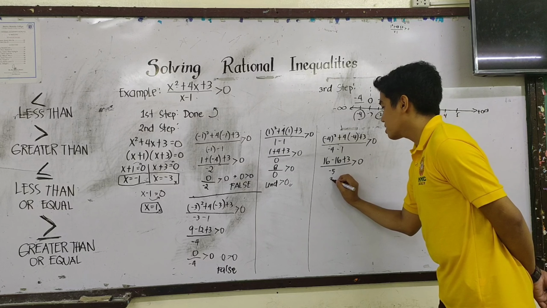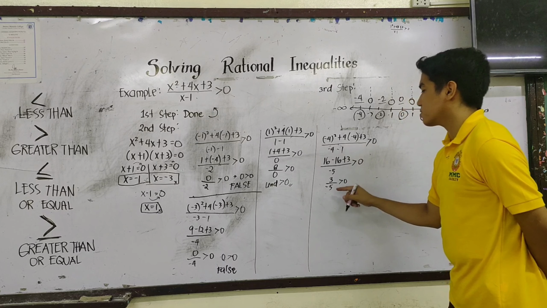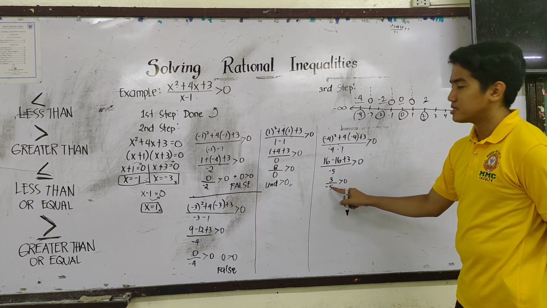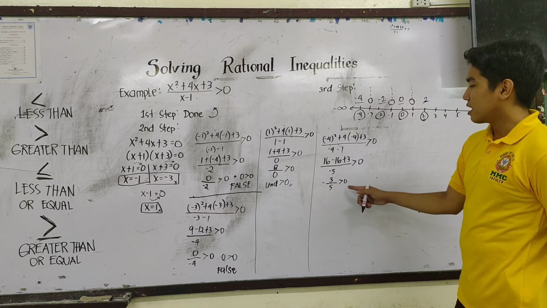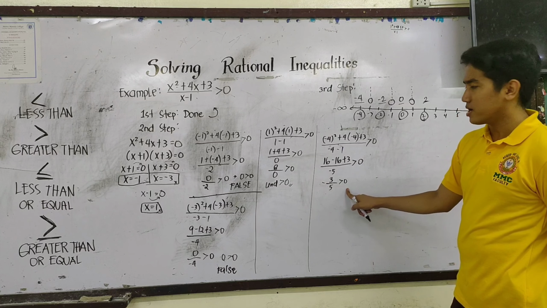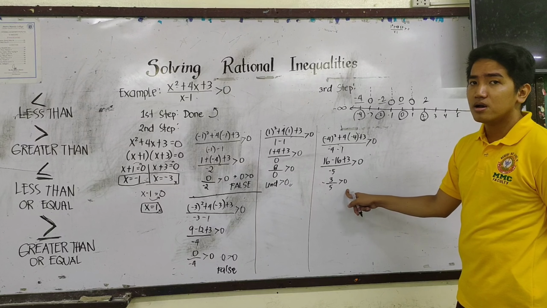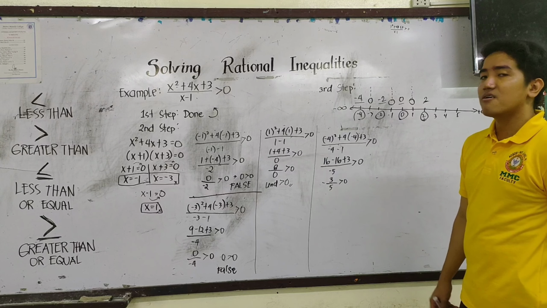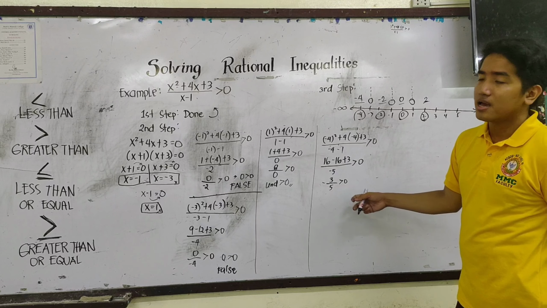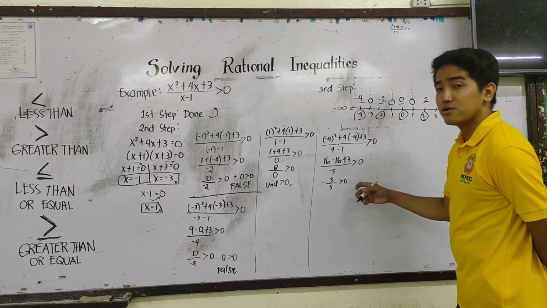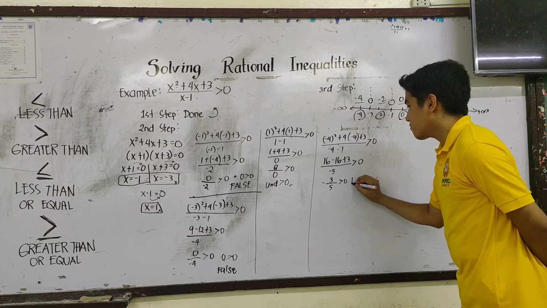So we have 3 all over negative 5. 3 divided by negative 5 is equal to negative 3 over 5. Is negative 3 over 5 greater than 0? So it is false. So hindi na naman na-satisfy yung ating inequality. So, it is false.